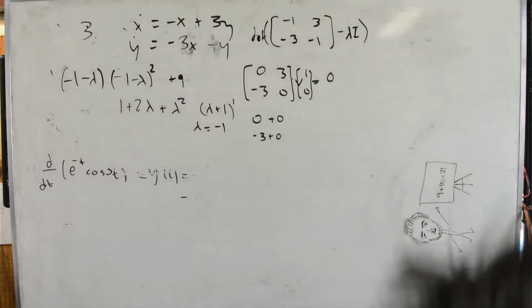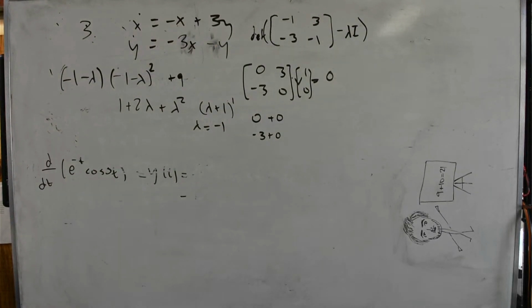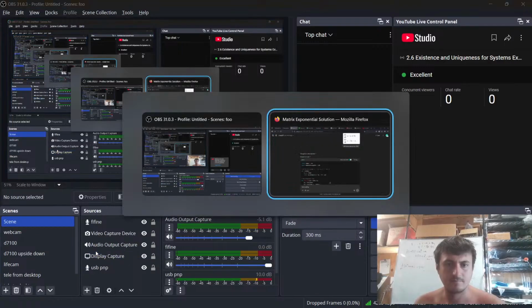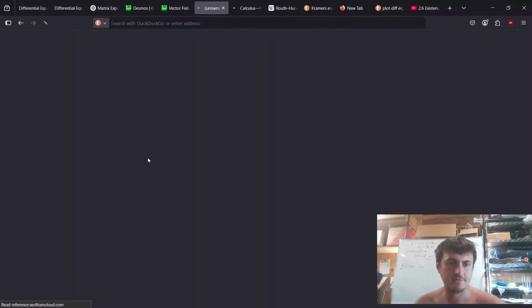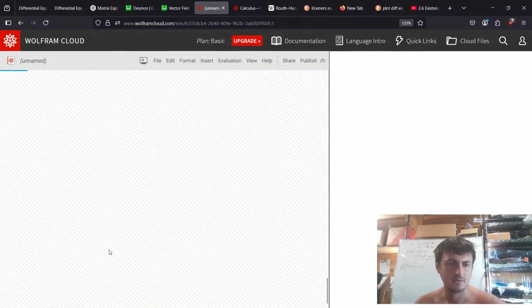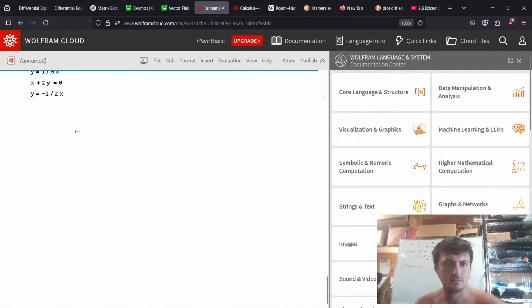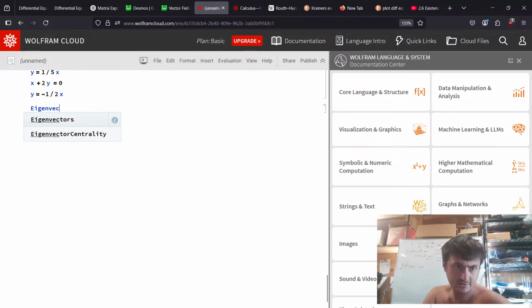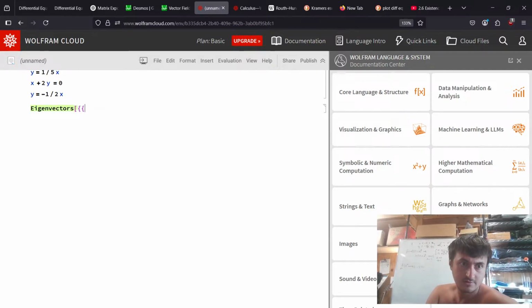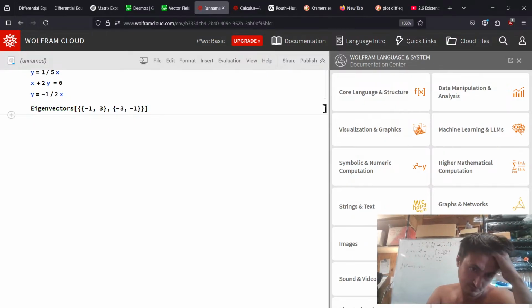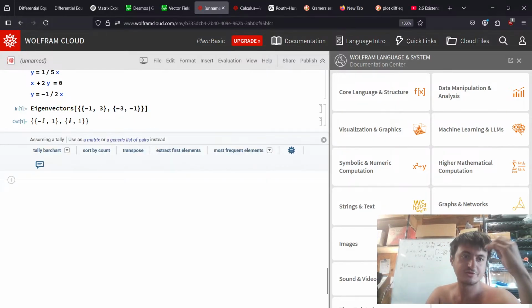What the hell are the eigenvectors? Okay, so what was the... we have eigenvectors of the matrix -1, 3, -3, -1. Oh, they're both complex.